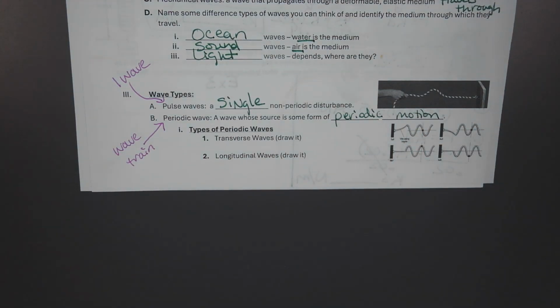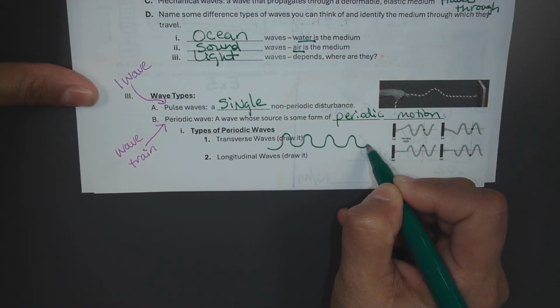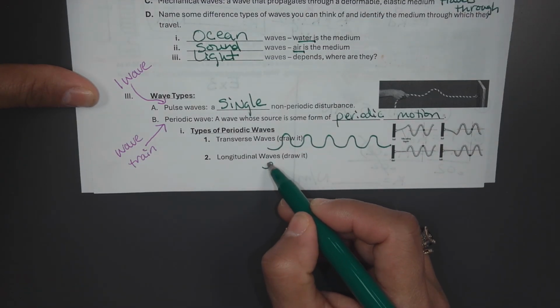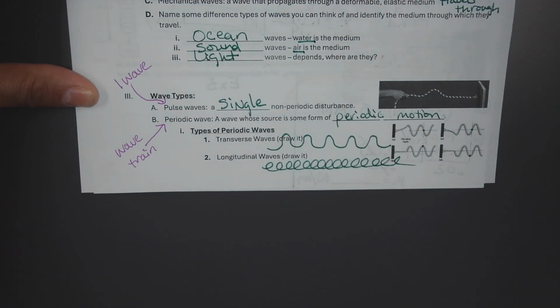Wave, wave, wave. It keeps coming. It has more energy for it to travel. Remember, a transverse wave looks like an ocean, up, down, up, down. But a longitudinal wave looks like a spring or a slinky.